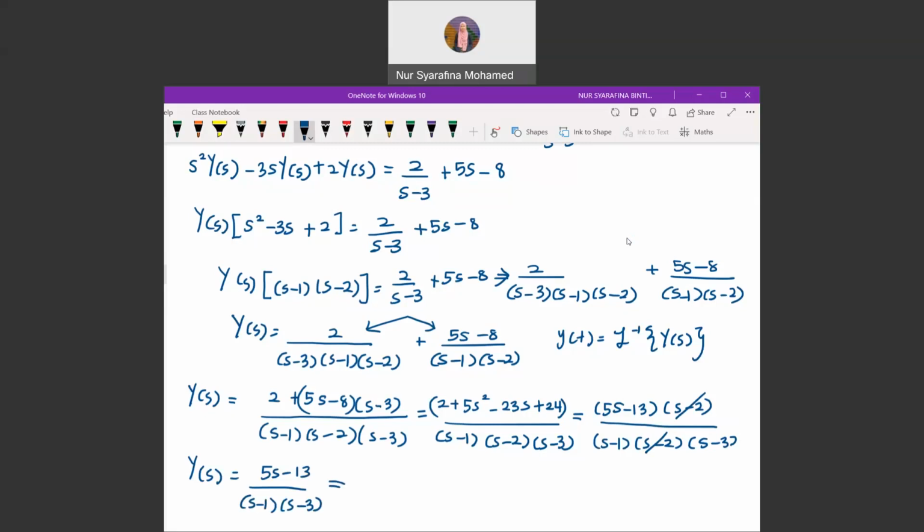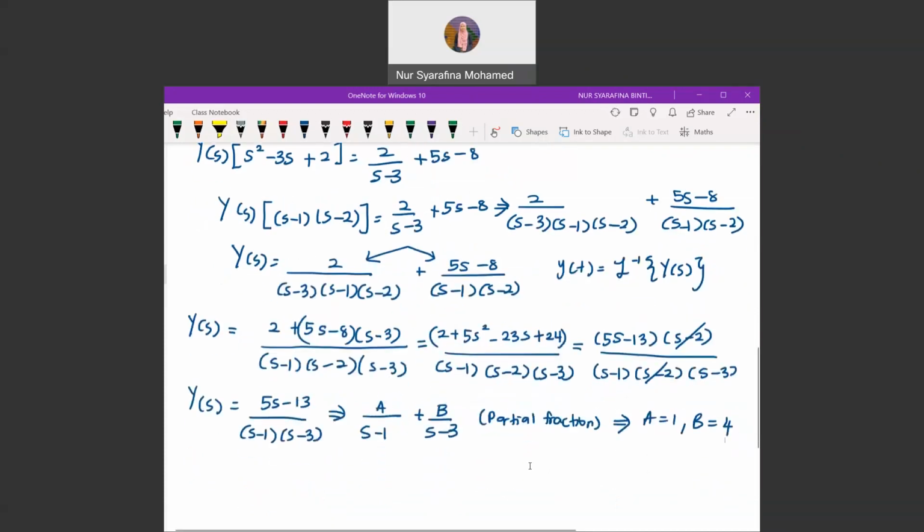Here we can decompose into partial fractions: A over s minus 1 plus B over s minus 3. Since these are linear factors, you can solve using partial fractions, where A equals 1 and B equals 4.